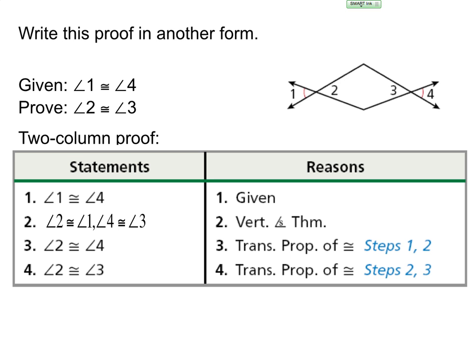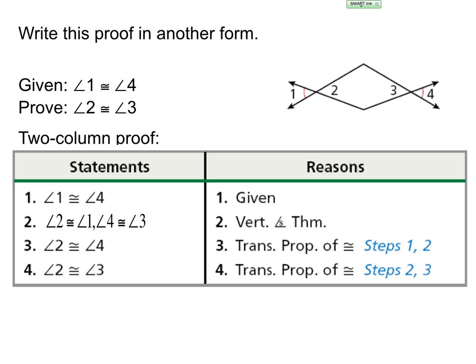Which ones? The first and the second one. Right. Angle 2 is congruent to angle 1, and angle 1 is congruent to angle 4. So putting that first and then this, we can come up with angle 2 is congruent to angle 4 by the transitive property of congruence. Arrow, arrow. Those ideas lead to that.